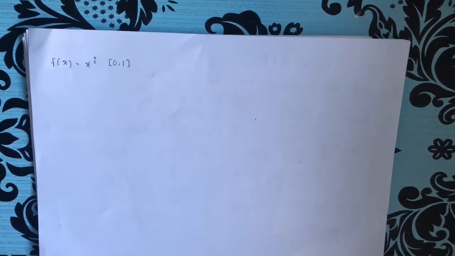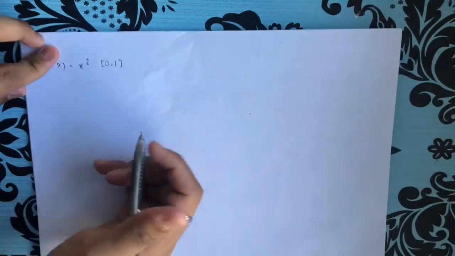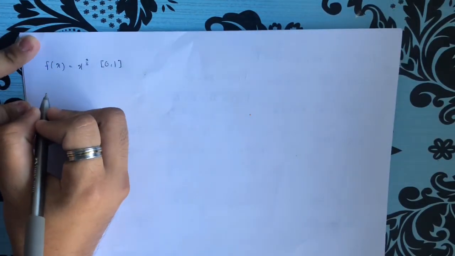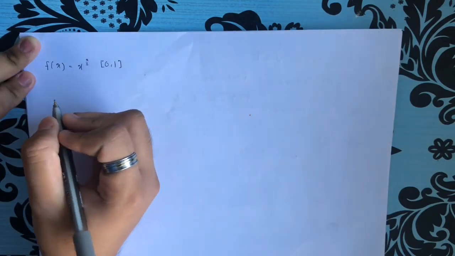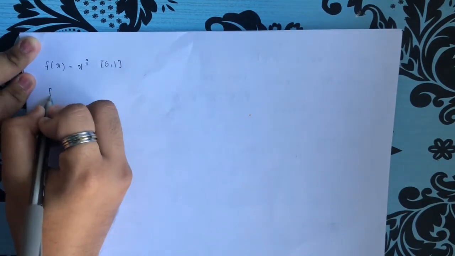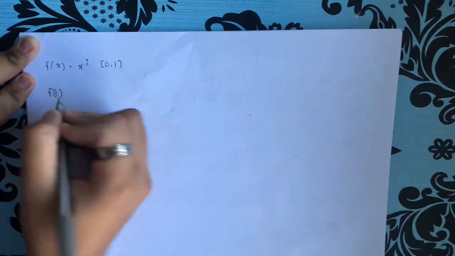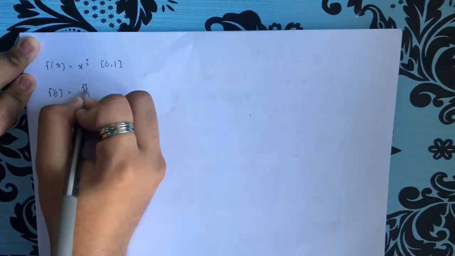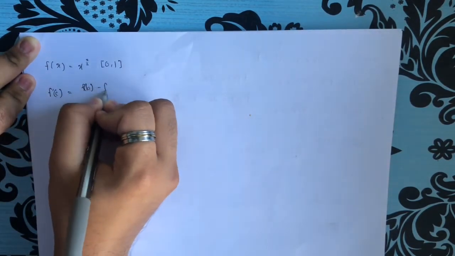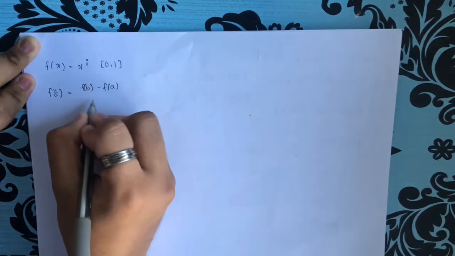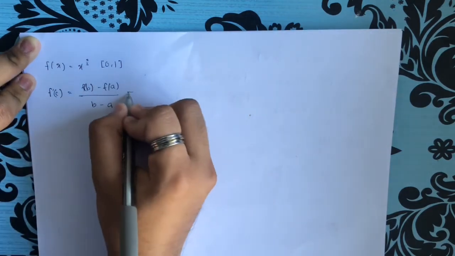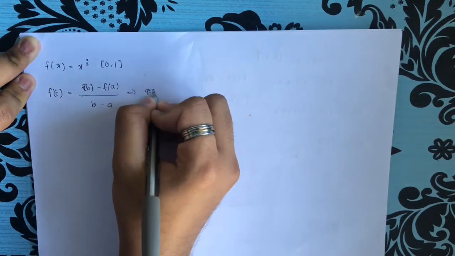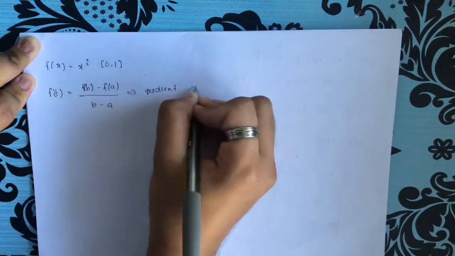Now, the formula for the mean value theorem is f prime c equals f(b) minus f(a) over b minus a. This is actually the gradient at the tangent c.